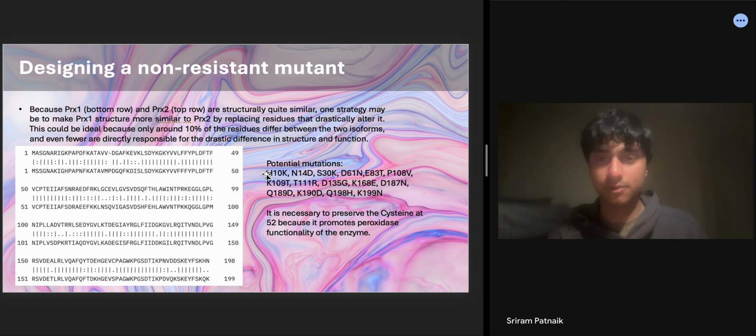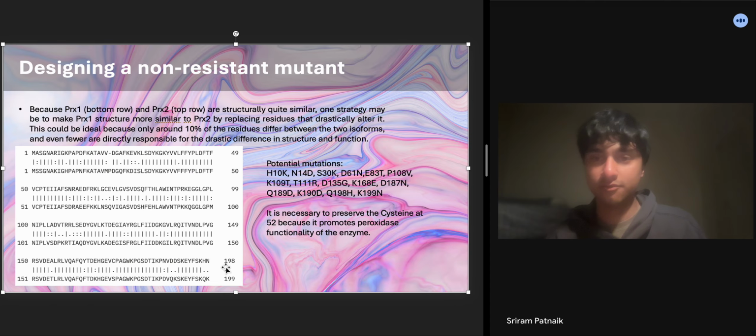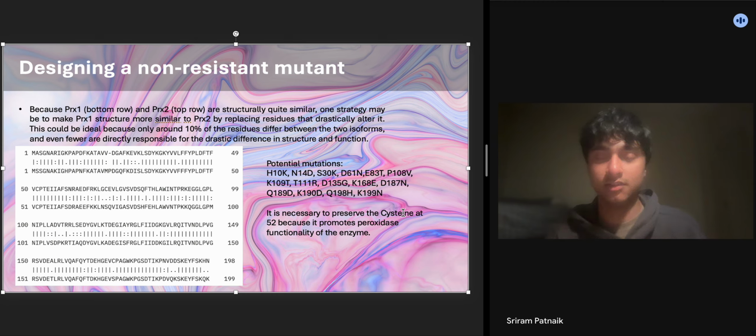And I've noted a few potential mutations that I got from this image here. This image is from EMBOSS Stretcher, and it shows where there are differences in the polypeptide structure of PRX1 compared to PRX2. It is especially necessary to preserve the cysteine at position 52 because that is an essential contributor to the peroxidase functionality of the enzyme.